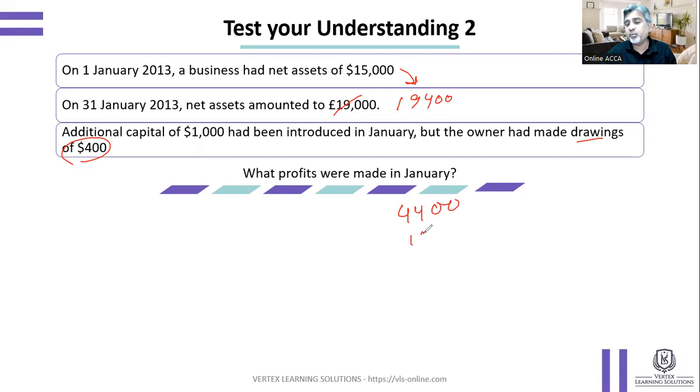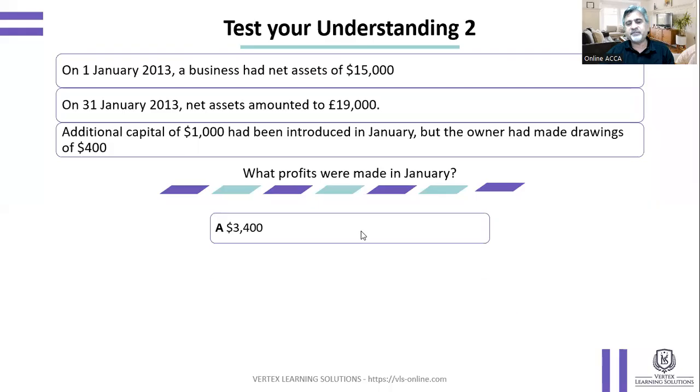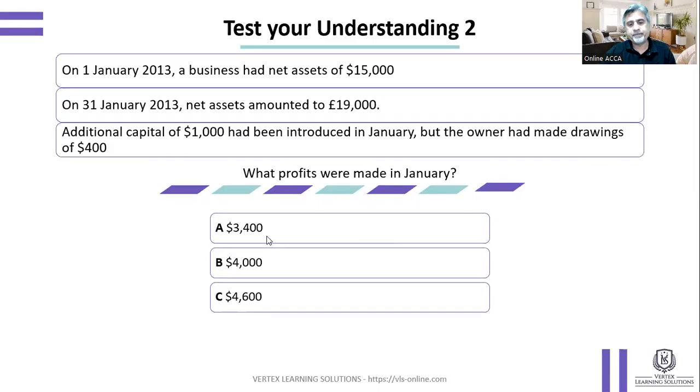But then I say, okay, 1,000 is my additional capital. I subtract it. Answer is 3,400. Very simple. So I'm explaining it like a situation, a scenario, so that when you go to the exam, even if you do not remember the formulas, you still should be able to do this question. Now let's do it quickly with the help of the formula. Answer is 3,400, we already know.